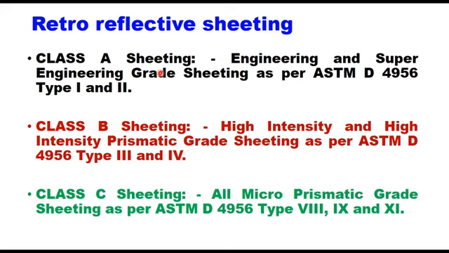Class A sheeting is engineering and super engineering grade sheeting as per ASTM D4956 and they are type 1 and type 2. Similarly, Class B sheeting can be of type 3 and type 4. And Class C sheeting is all microprismatic grade sheeting as per ASTM D4956 type 8, 9 and 11.